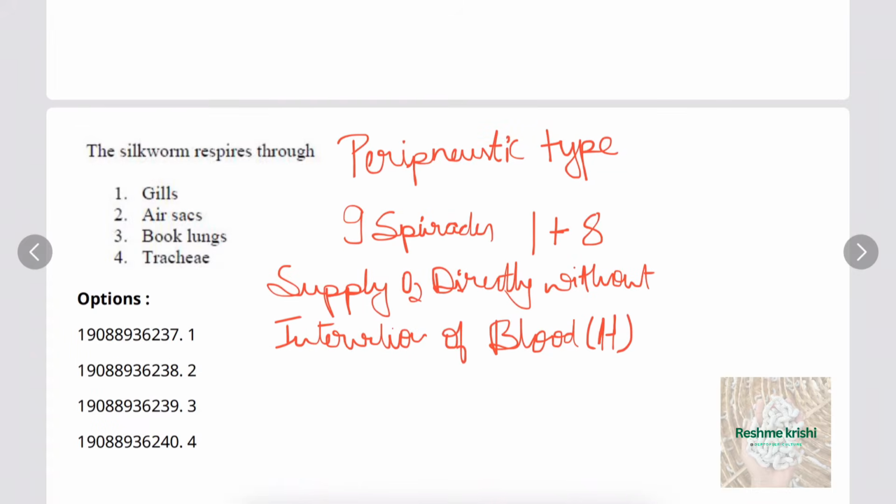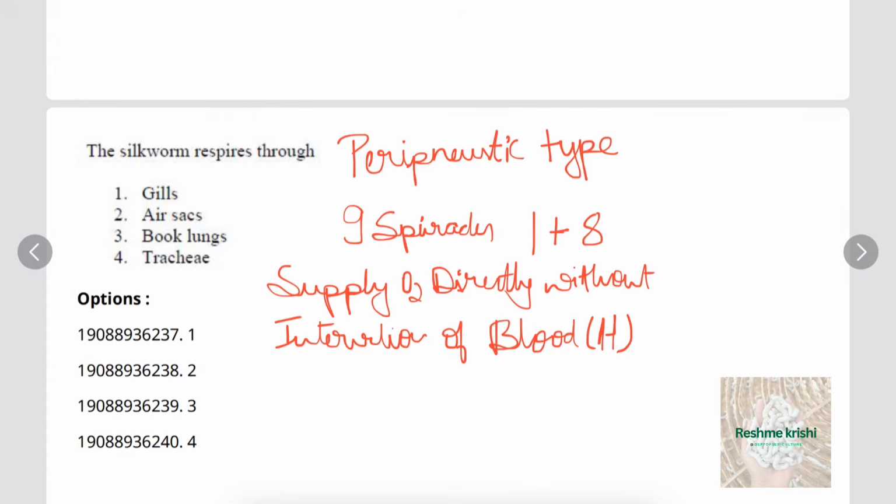Okay. Silkworm respires through which respiratory organ, they are asking. Before that, we need to know silkworm has a peripneustic type of respiratory system in which we have 9 spiracles, 1 in the prothorax of the thoracic segment and 8 in the abdominal segments, from 1 to 8.